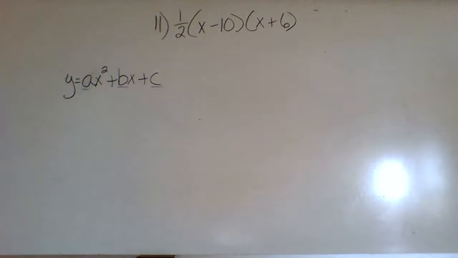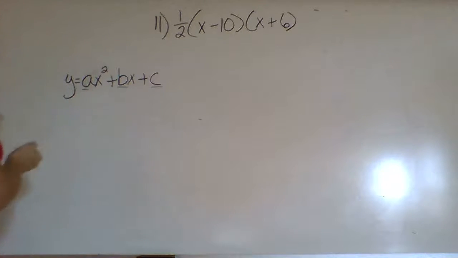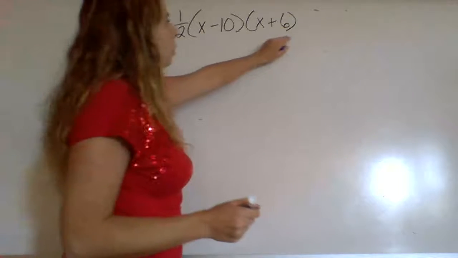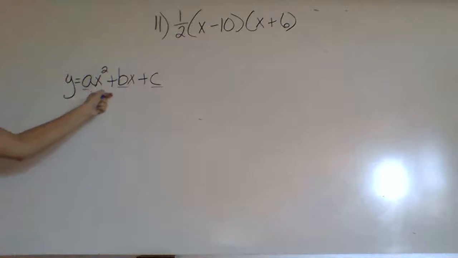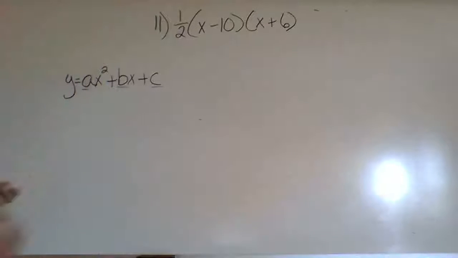I was going to leave the fraction one alone, but if you've made it this far into my homework help video, we can do it together. So same thing, they give you factored form, and I want you to convert it to standard form.